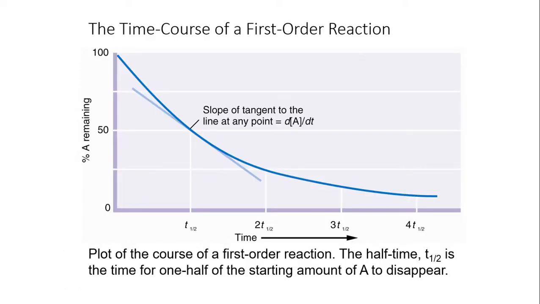So this is a graph of the time course of a first order reaction. On the y-axis we have the percent of A, our reactant, remaining, and on the x-axis we have time. The half-life equation for a first order reaction is t1/2 equals 0.693 over k.